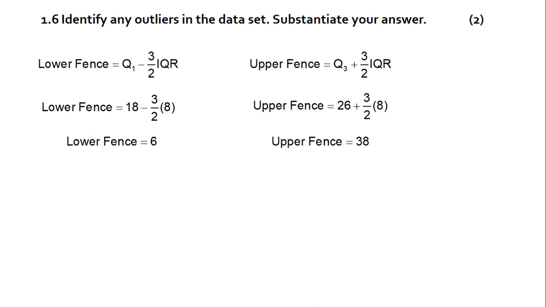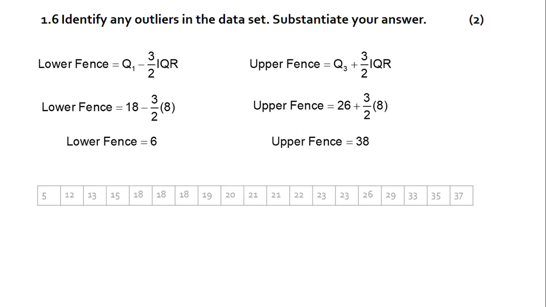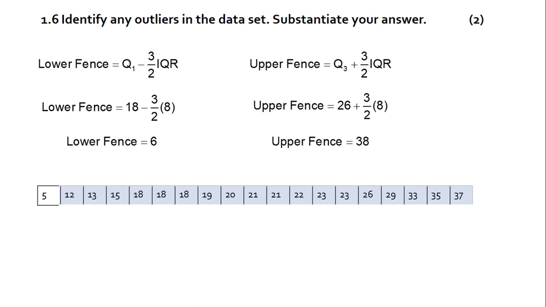So similar to what we did in 1.3, this is your interval. Any number that is lower than 6 will be considered an outlier. Any number bigger than 38 in the data set will be considered an outlier. Now this is our data set, and then I've highlighted our limits and everything that is within, in order to see if we have anything that lies outside the limits.